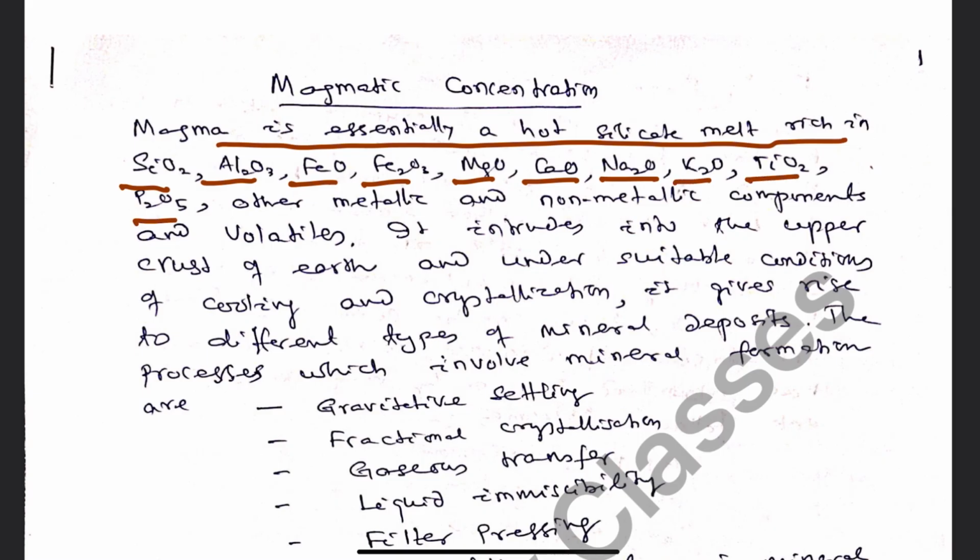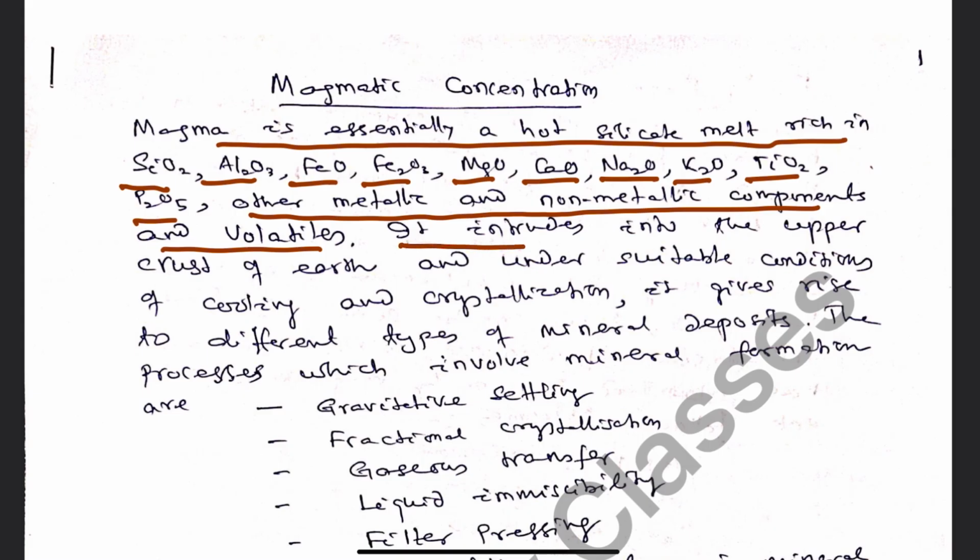These are the major components which constitute the magma, and there are other metallic and non-metallic compounds and volatiles present in magma. Therefore magma undergoing cooling gives rise to ionic mineral deposits under favorable conditions of crystallization.